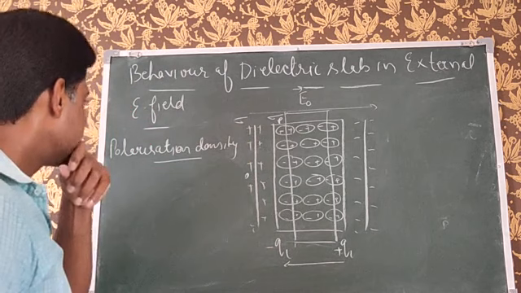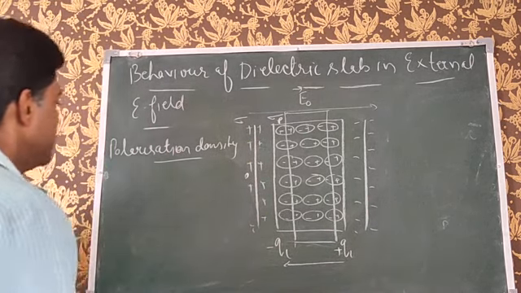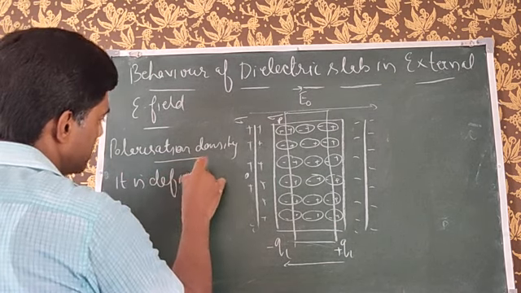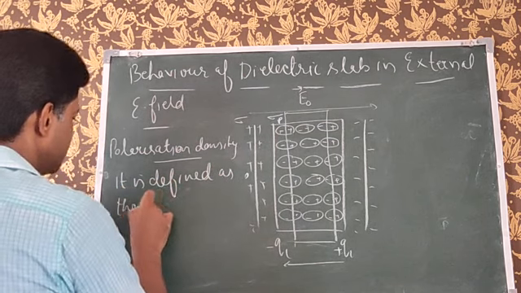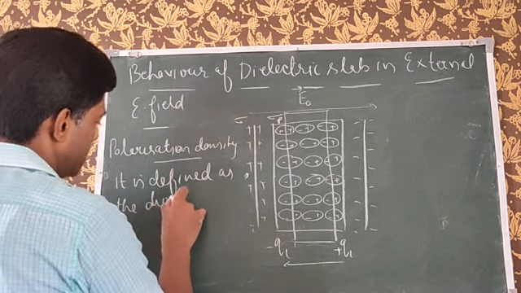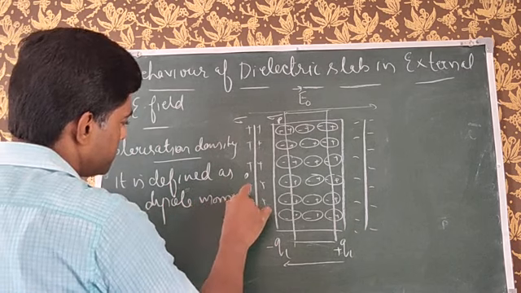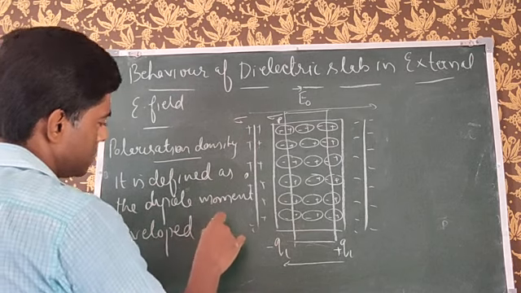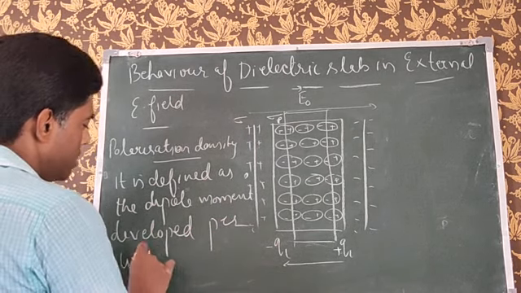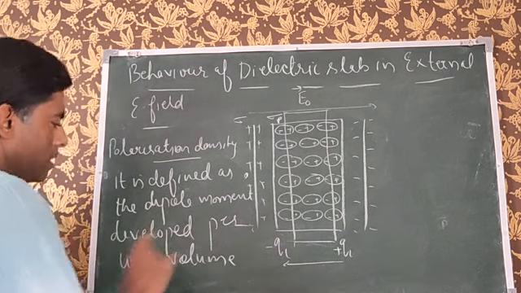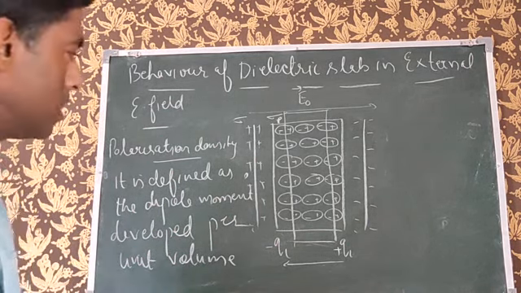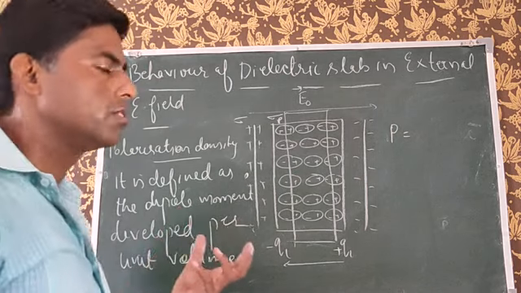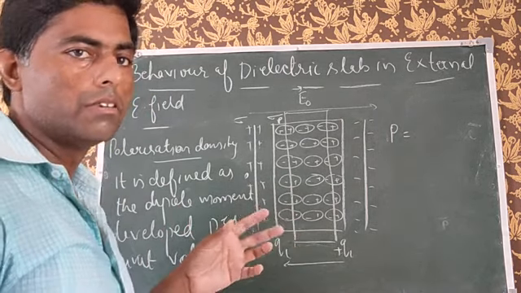Polarization density is related to the polarization, and its definition is: it is defined as the dipole moment per unit volume. So polarization density is represented by P, and it is equal to dipole moment per unit volume.